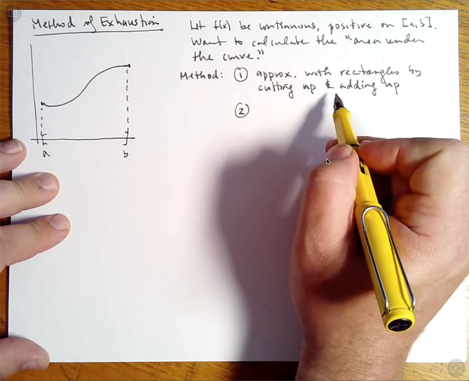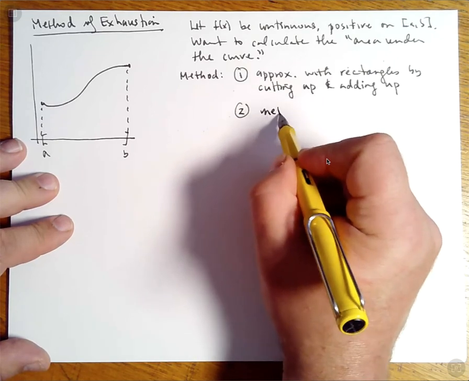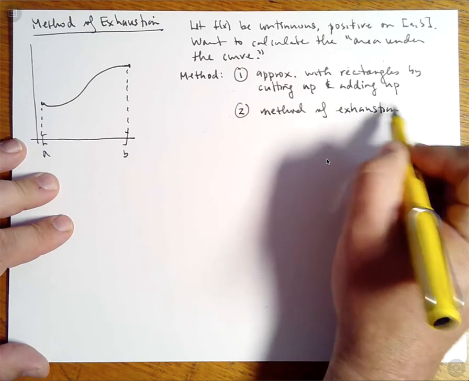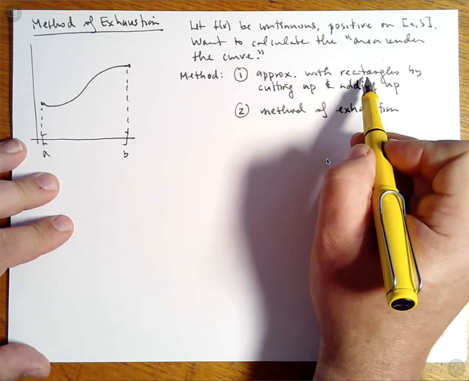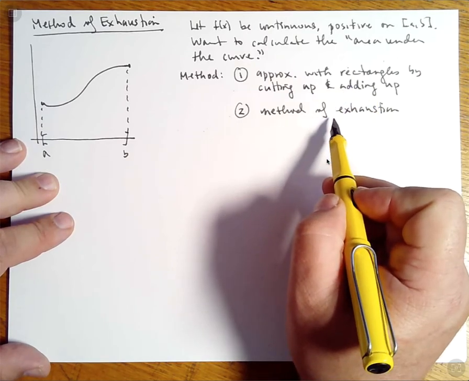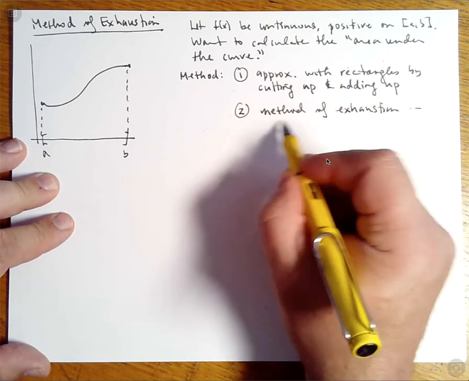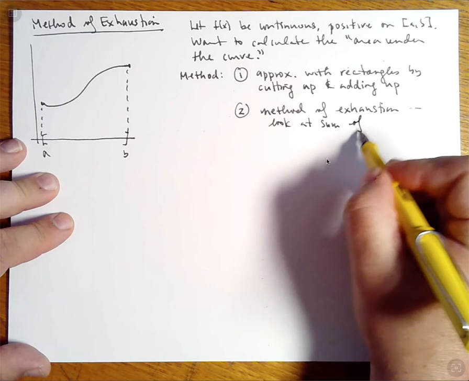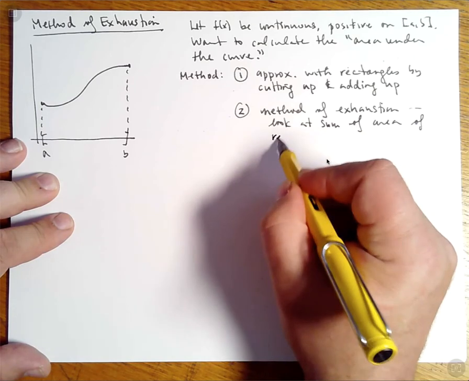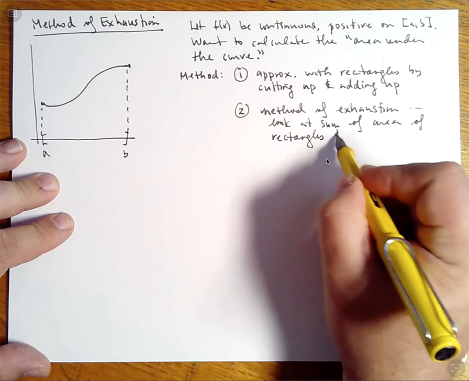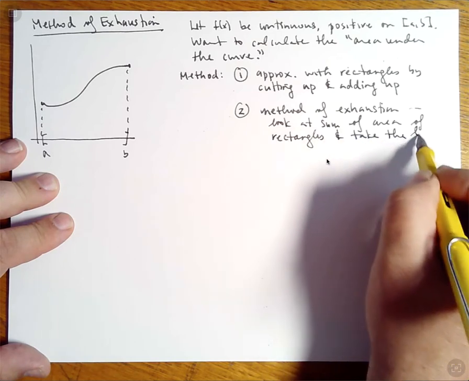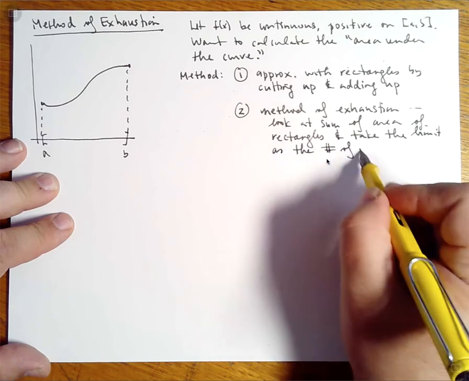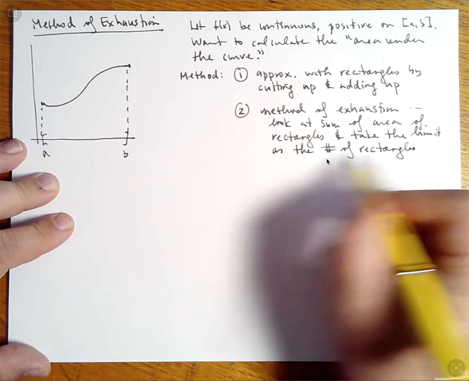The second step in our method is using this method of exhaustion. So we take this work and we bring it to another level using this method of exhaustion. And we look at the sum of areas of rectangles, and take the limit as the number of rectangles goes to infinity.